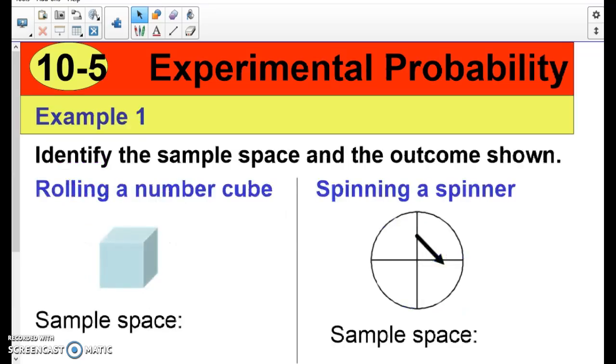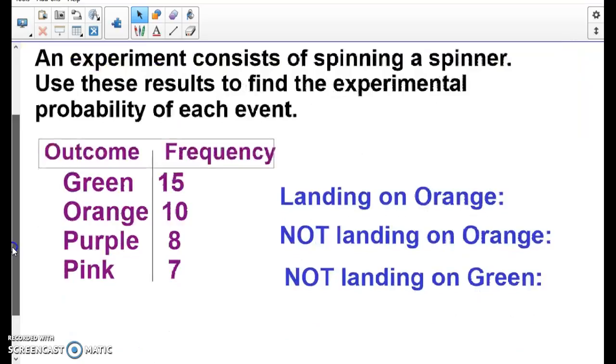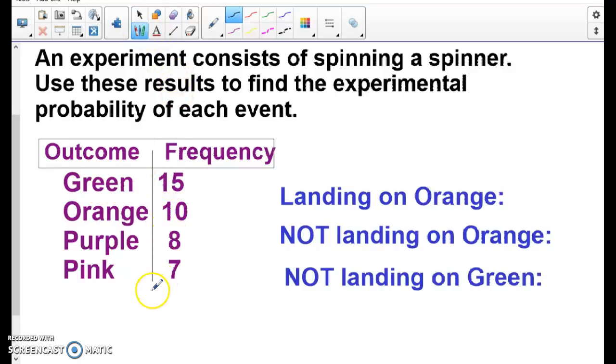So it could be this spinner right here where there's only 4 colors, but if I spin it 5 times, there's going to be one color that lands at least twice. So if I spun it and got 15, and then 10, and then 8, and then 7, the first thing I usually want to do is figure out how many times it got spun. 15 and 15 is 30, 30 and 10 is 40. So I spun this spinner 40 times.